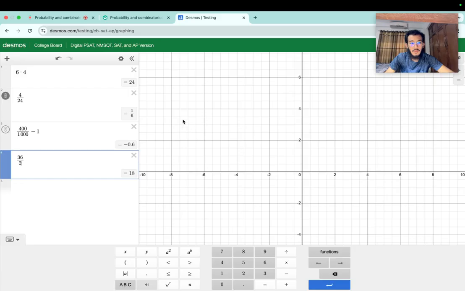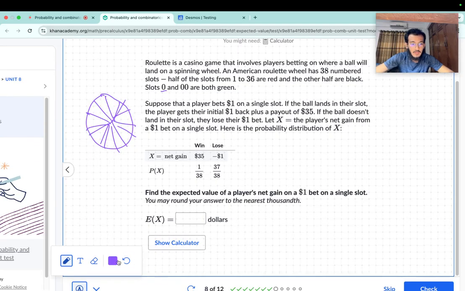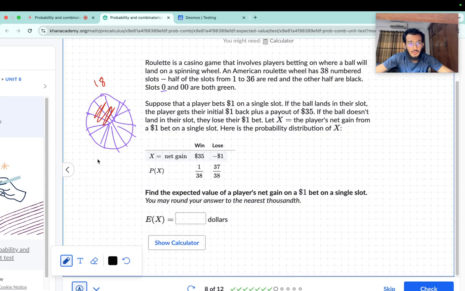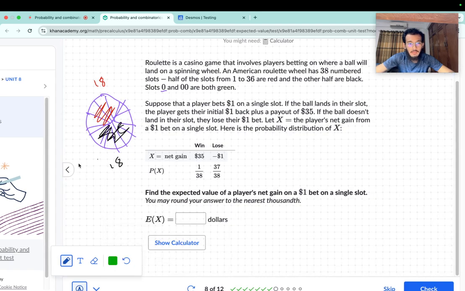We have 18 red, 18 black, and the remaining 2 are green.